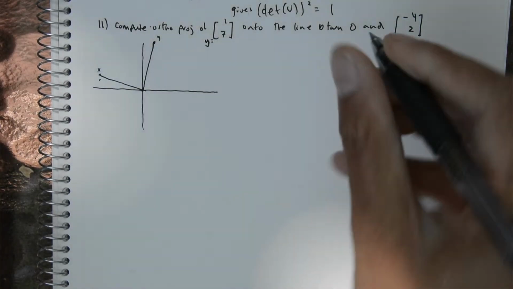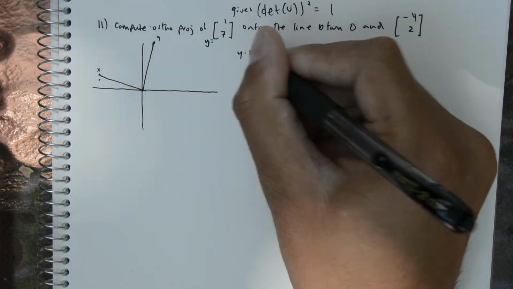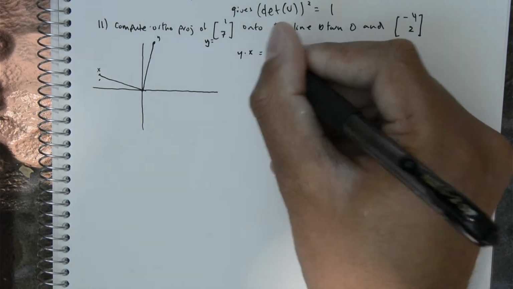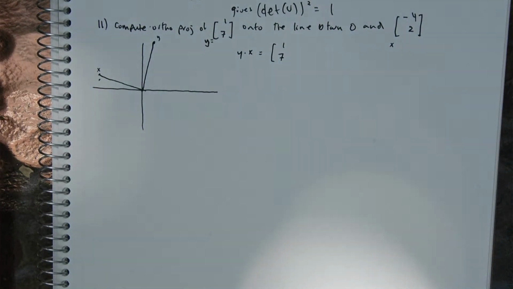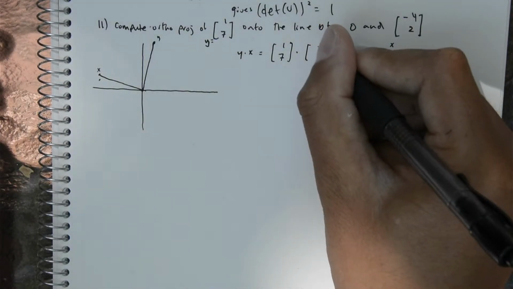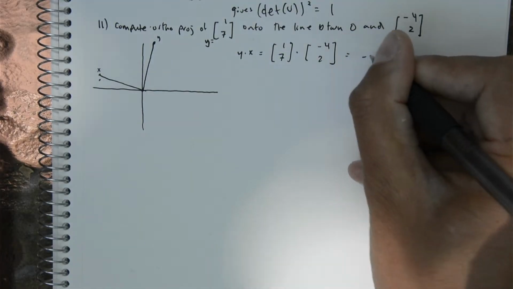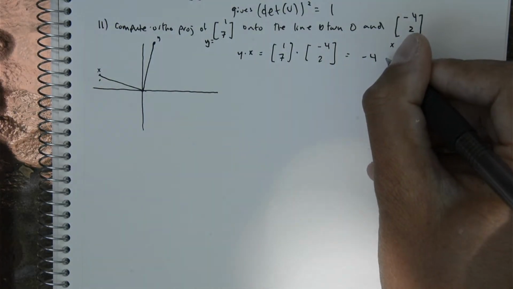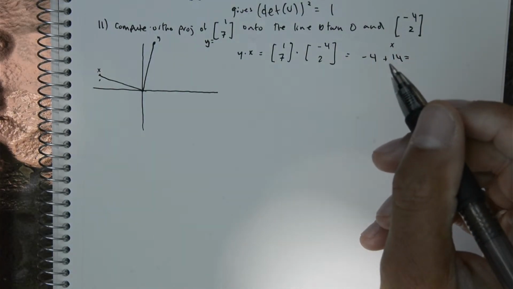Just call this X. So let's just check that Y dot X, with Y equal to (1, 7). Wait, did I write that down? Isn't it (7, 1)? No, okay. Dot (-4, 2) is equal to minus 4 plus 14. So these are not orthogonal.